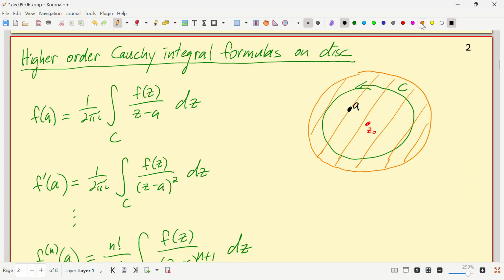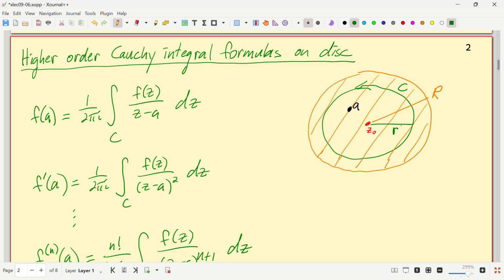So let's see, in this picture, I've got a function that's analytic on a bigger disk, and I'm going to take this smaller disk of radius little r inside, and that curve is a circle of radius little r about z naught, and a is a point inside that circle.